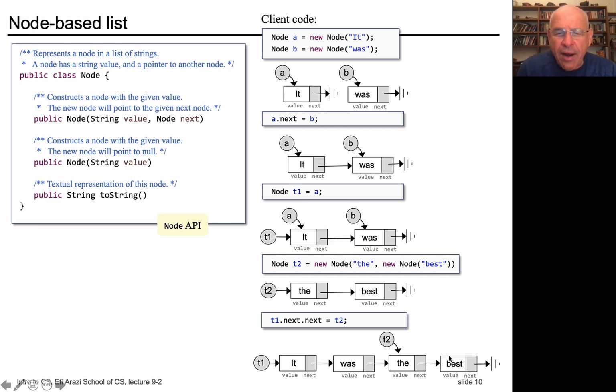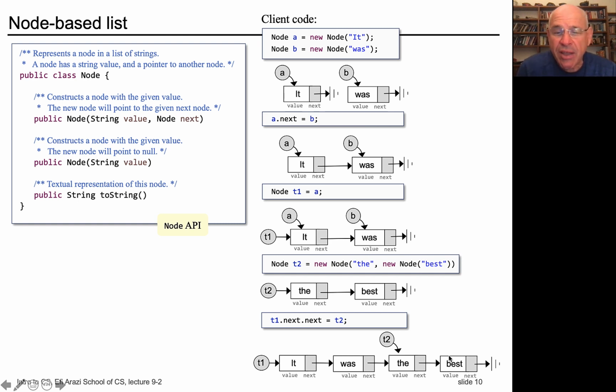Well, T1.next, let's look at the picture. T1.next will give me the address of the second node in the list, which is best, right? And then I take the next element of this second node and I set it to T2.